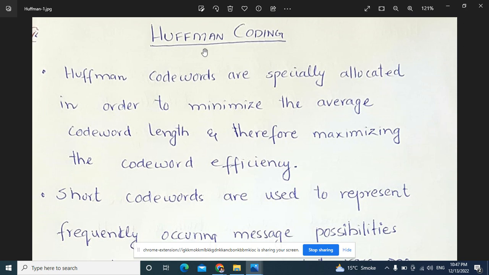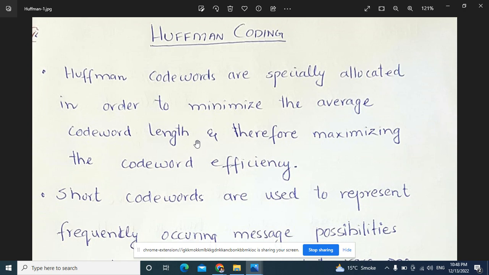So, what is Huffman coding? Huffman code words are specially allocated in order to minimize the average code word length and therefore maximize the code word efficiency. Usually, if you are not using Huffman code, the number of bits that you use for each message is fixed, so that will use more bandwidth.